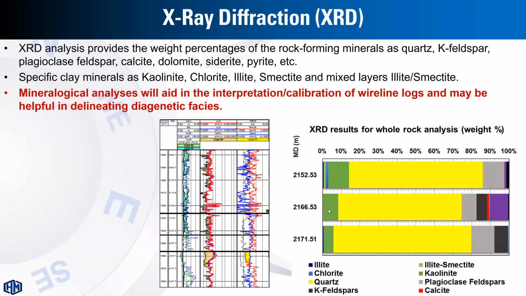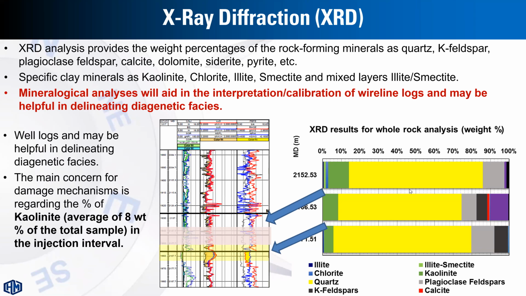So for these 3 plugs, for this one, we have a high percentage of kaolinite, which is a type of clay mineral that can promote the mechanism of formation damage. So we have to consider this for water flooding applications using the XRD analysis.